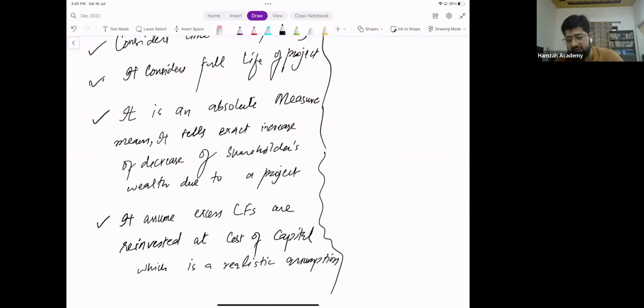They are reinvested. They are not kept idle. They are reinvested at cost of capital, which is a realistic assumption.